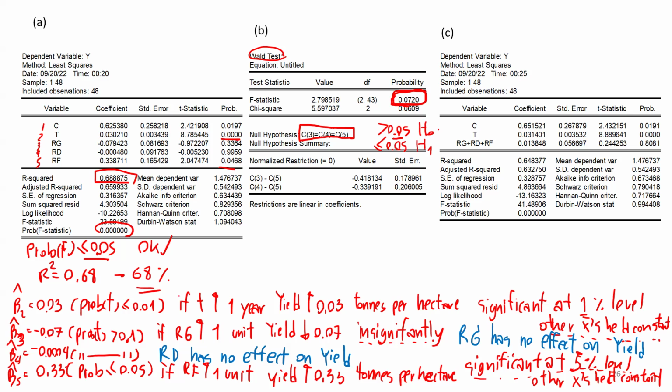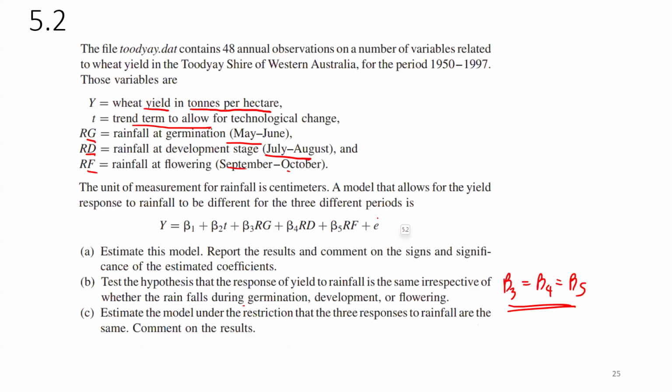You have to conclude H0, which means beta 3 equals beta 4 equals beta 5. What does this mean? It means the response of yield to rainfall is the same.